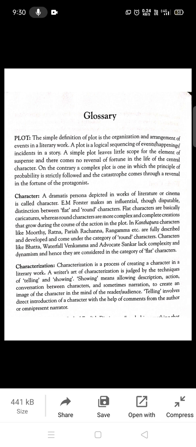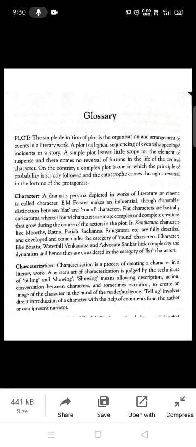Flat characters, as the name suggests, can be constructed keeping in mind a single characteristic, a single quality, or a single idea.